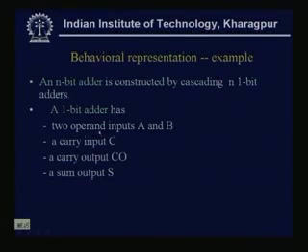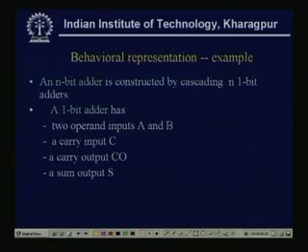What do we mean? Now, I am considering a 1-bit adder. That means I want to add 0 and, say, 1. This is 1 bit to 1 bit, and these are the 2 operands.